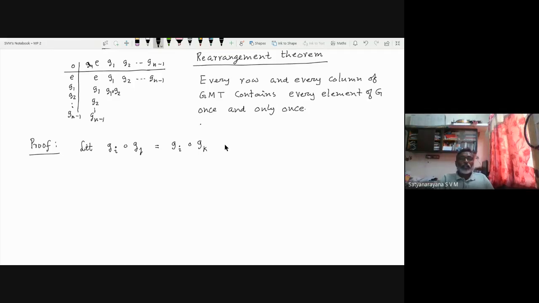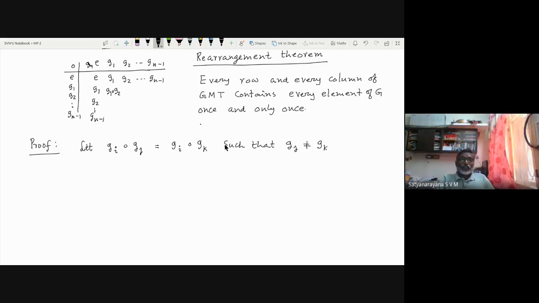That means I have one row, because once I fix Gi, I have fixed that row. Now Gj and Gk are two elements of that row, such that Gj is not equal to Gk. That is, we have two distinct elements Gj and Gk.